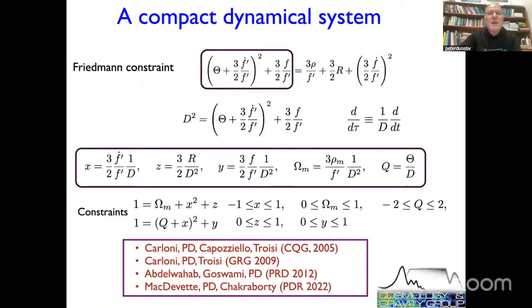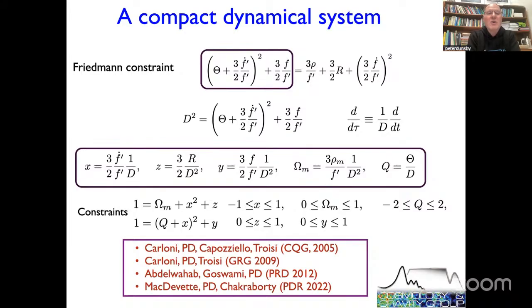So what we did was we adapted this to f of r gravity by doing the same kind of thing. You write down the Friedmann constraint and you identify terms on the left-hand side which allow you to construct a normalization which compactifies your phase space.